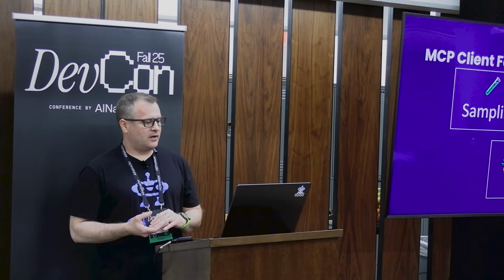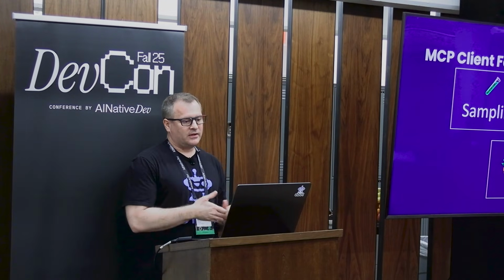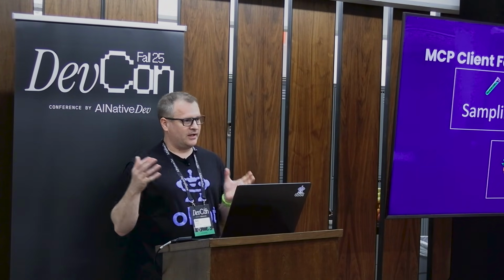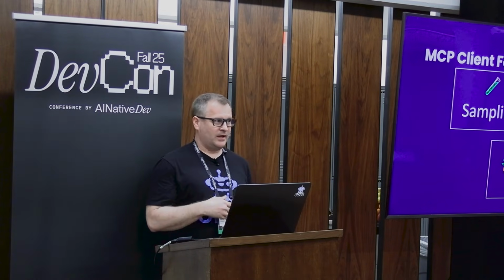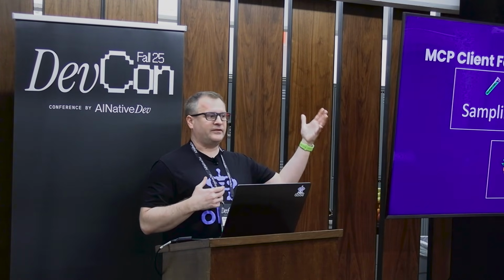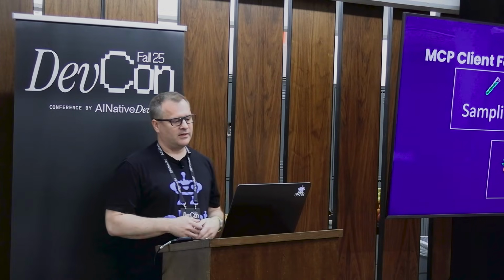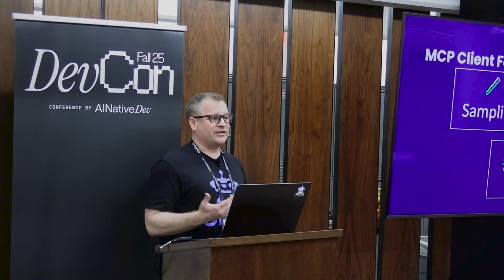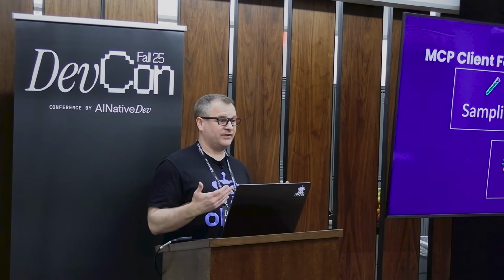The others that are on the client side are sampling, which is a weird name and they'll admit it. But basically it is the server requesting the client to make an LLM call. So if you've pulled some text, you can ask the LLM, the client, to summarize that text for you, have it go back to the tool, get processed, and sent back. Elicitations are a pretty vital part. Those come back and confirm actions from the user.